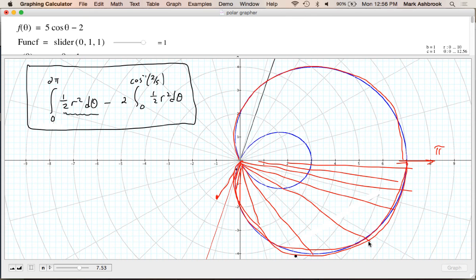Because when you're on this outside part, it doesn't know the loop's there, and it counts all that area again as it's extending out to the larger, further curve. So when you do 0 to 2 pi, it will give you everything in here, but it's going to count that inner loop twice. So if you subtract that inner loop off once, it'll be right.